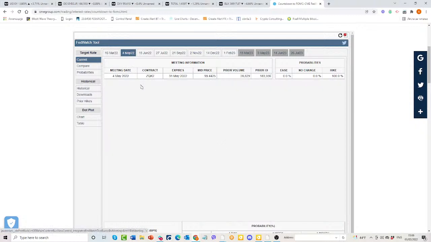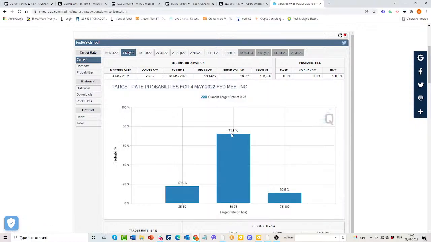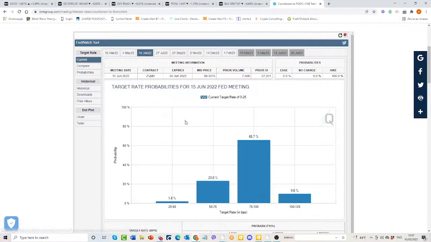Then we go to May, we are at 71.8% for the rates to move up between 50 to 75 basis points. So this will be 0.5 to 0.75 in the rates. Then if we go to June, this is actually 65.7%, the market is pricing in a move in rates from 75 basis points to 1%.